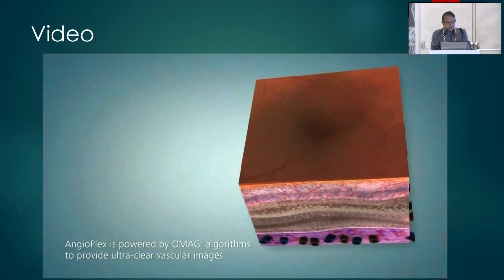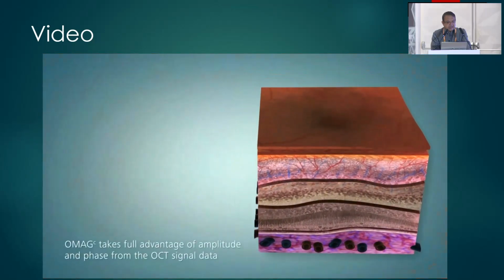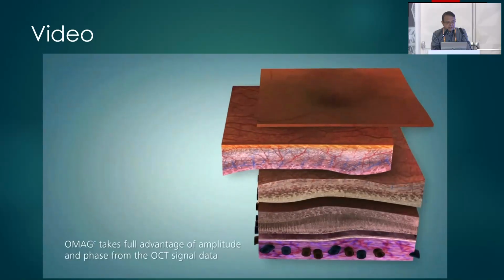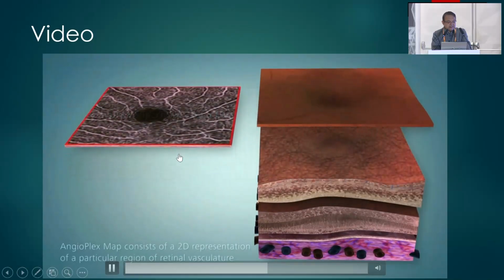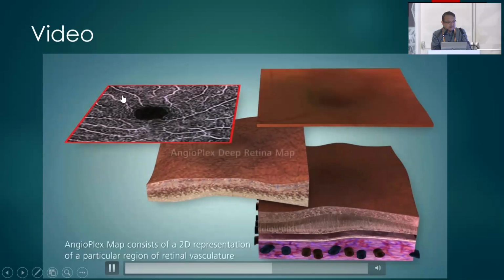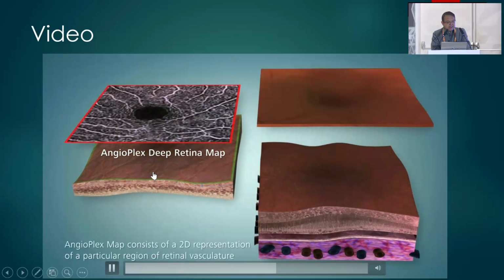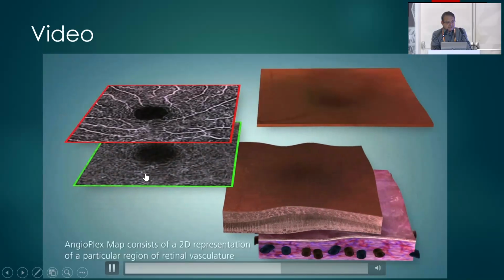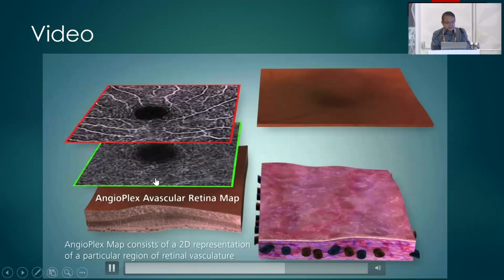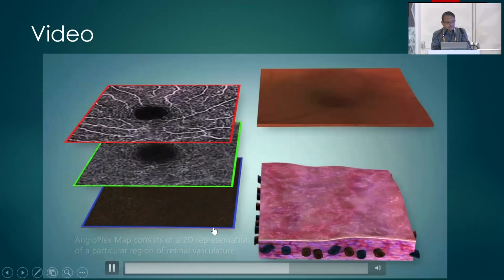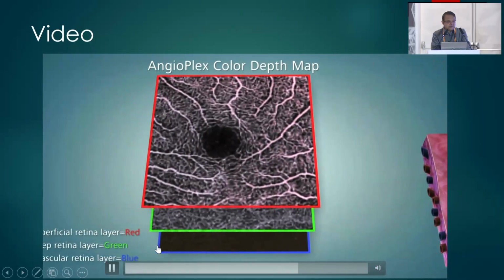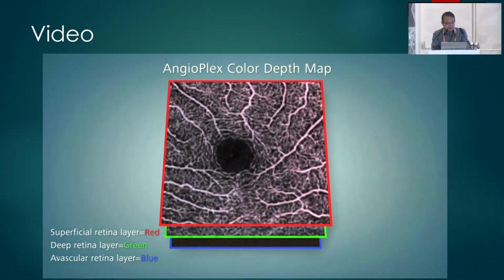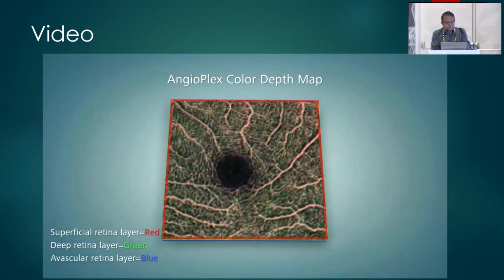Angioplex is powered by OMAG algorithms, and then you get the full advantage of amplitude and phase from OCT. You can see this is the superficial layer which is marked as red. The deep retinal layer is marked as green. The avascular zone is marked as blue. These are the color codings once you read the maps or the reports in the retina.